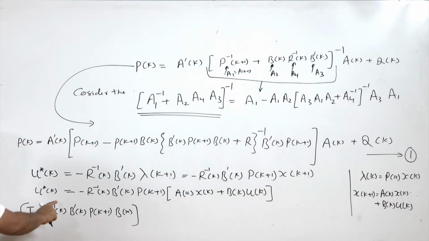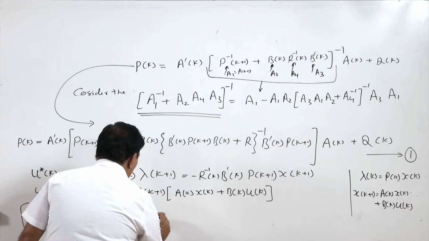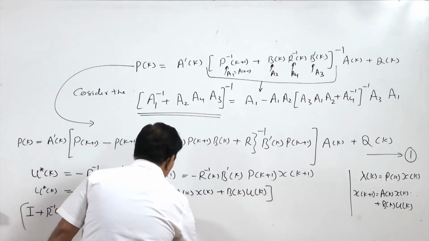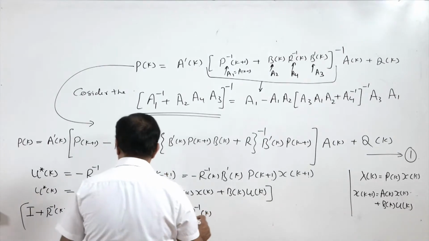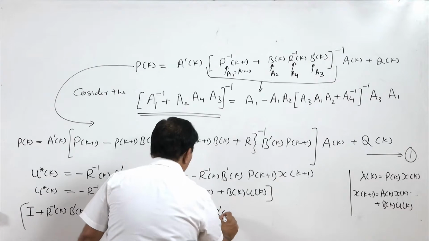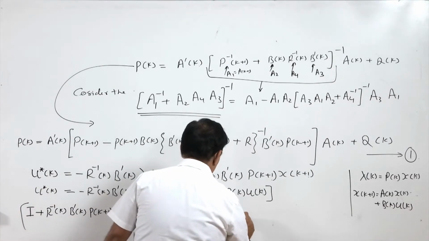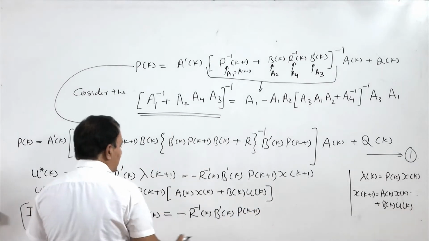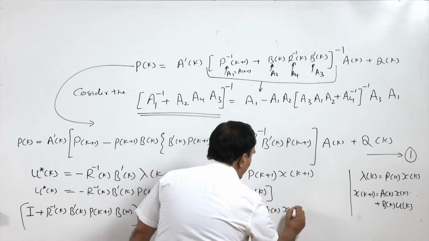So this is (I + R inverse(k) B prime(k) P(k+1) B(k)) times u(k), which is equal to minus R inverse B prime(k) P(k+1) A(k) x(k).